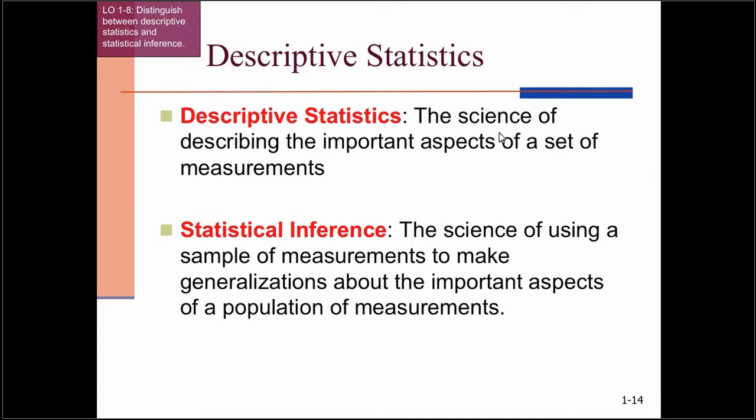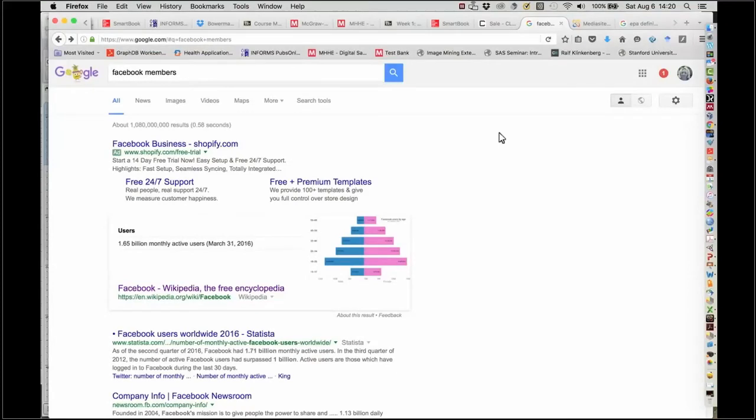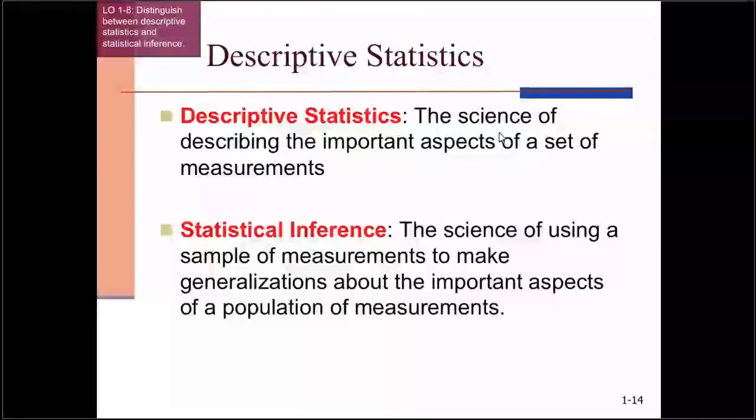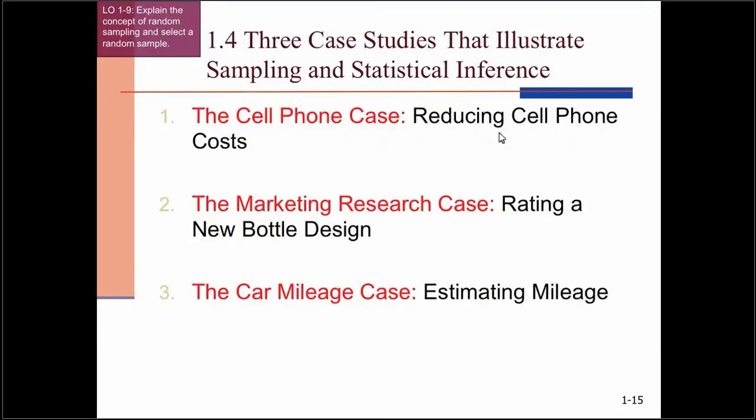Inference, on the other hand, is using a sample of measurements to make generalizations about the important aspects of a population of measurements. Like we did here in Facebook, we could say that we noticed that in 2010 there were more females using Facebook than males. That would be our inference on that study.